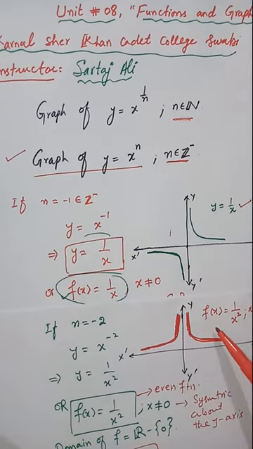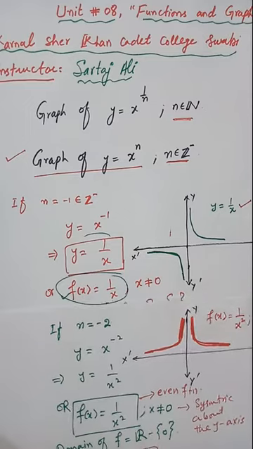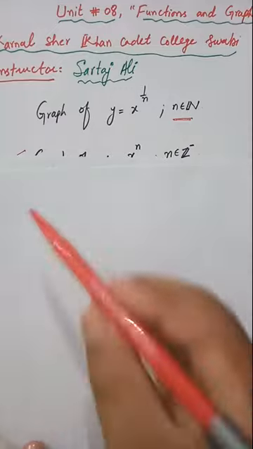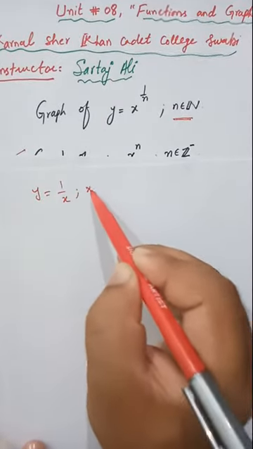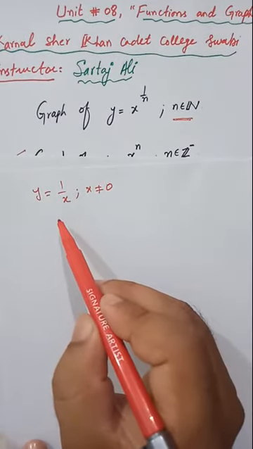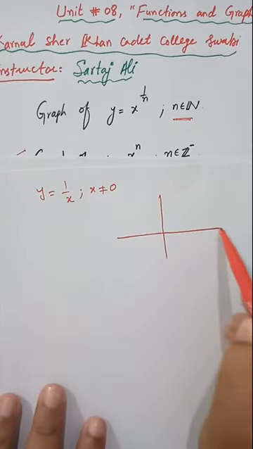When y or f of x is equal to 1 divided by x square, this is symmetric about the y-axis. This function is an even function, and the graph must be in this fashion. So from these two we conclude that y equal to 1 divided by x, x not equal to 0, means the domain of this function is all real numbers except 0. So the graph must be in this fashion.